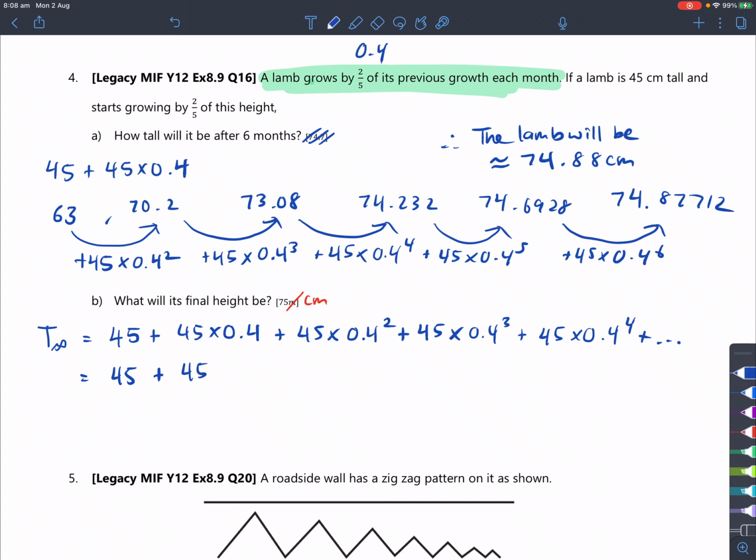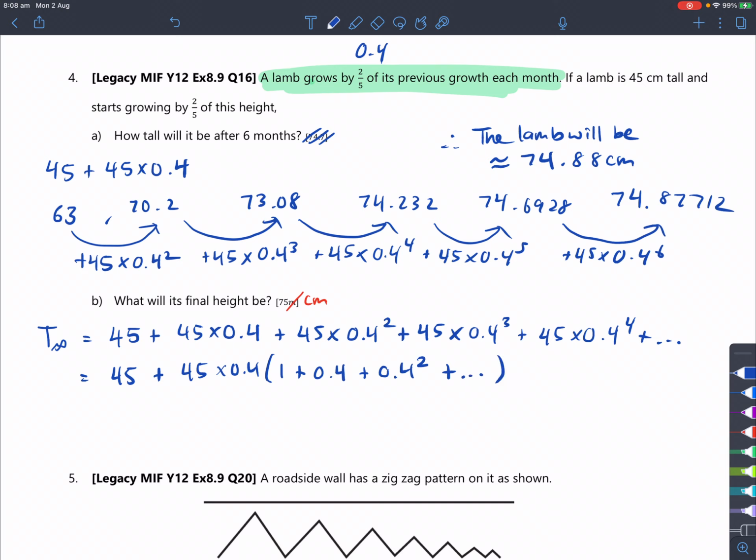We can factorize 45 times 0.4 out, giving us 1 for the first term, plus 0.4 for the second term, and then 0.4 squared for the next one, and so forth. Okay, so it's going to keep on going.